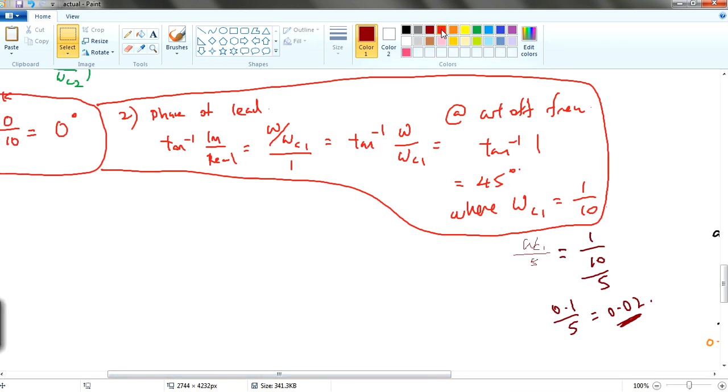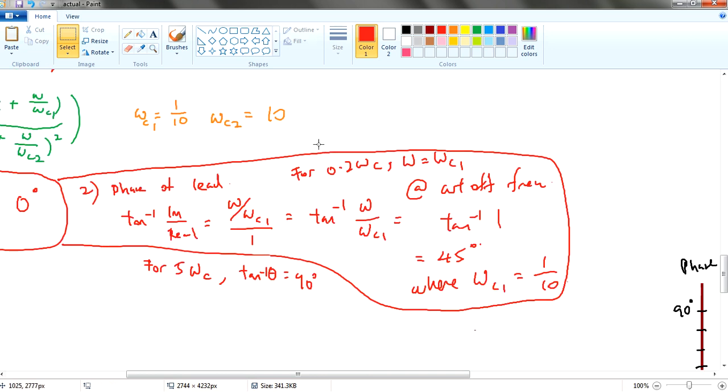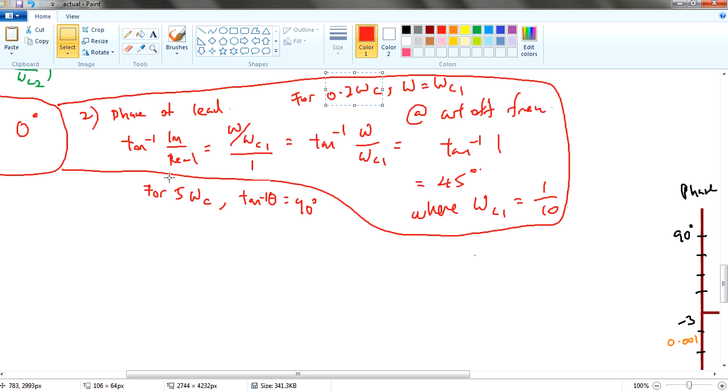in another case, maybe I should write it down. I'll repeat again. If you are talking about phase angle, the first thing you do is to locate the 0.2 omega cutoff frequency. So for a single cutoff frequency, for a lead cutoff frequency in this case, you need two positions. The first one is 0.2 times the cutoff frequency. The next one is 5 times the cutoff frequency.